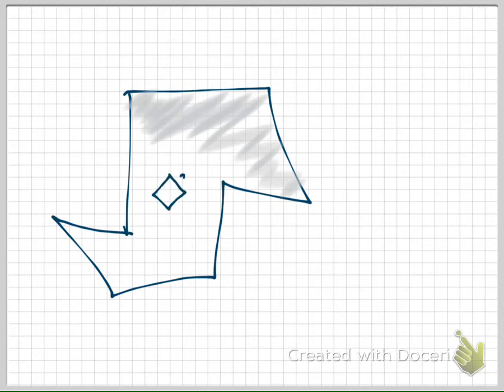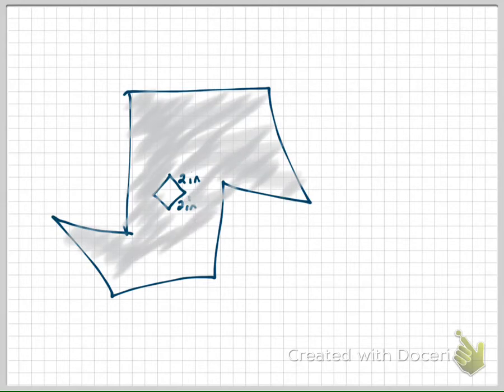We'll say that's 2 by 2 inches. It's all here, except there's a chunk missing. So there's like a hole here.